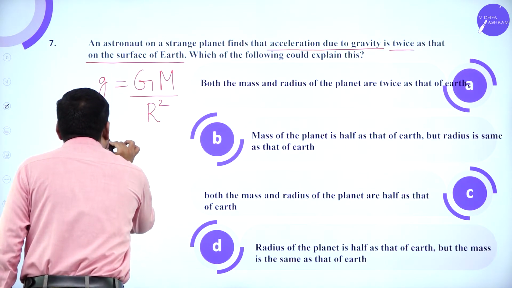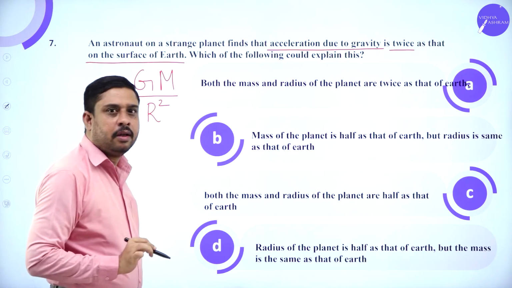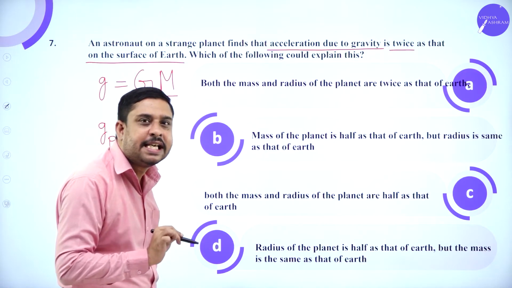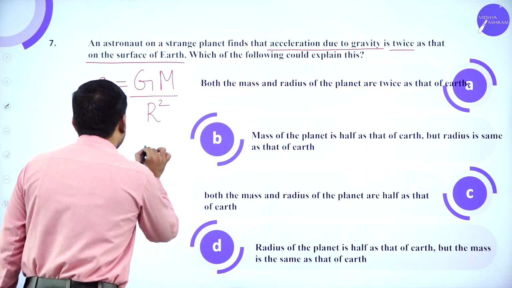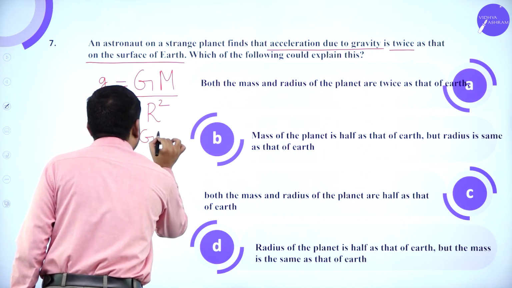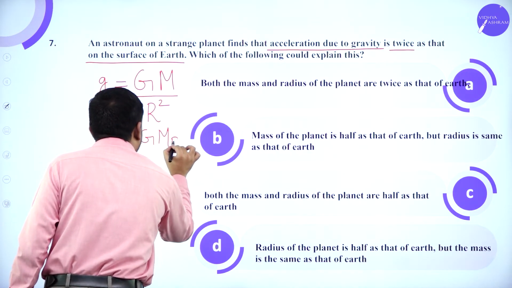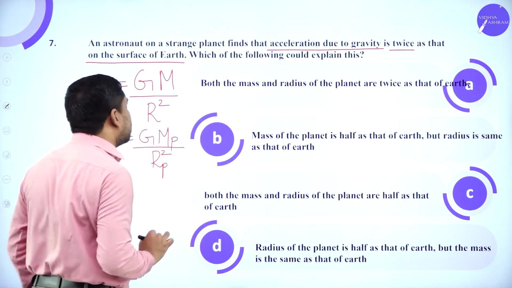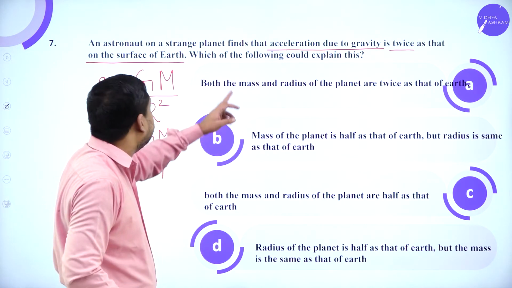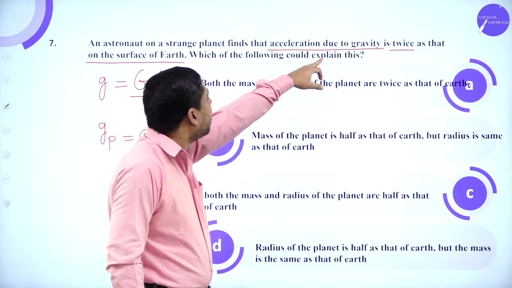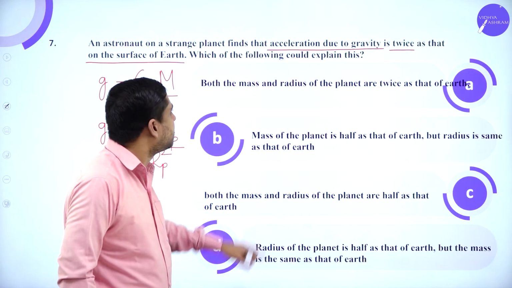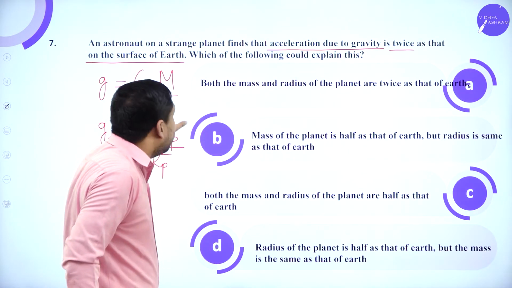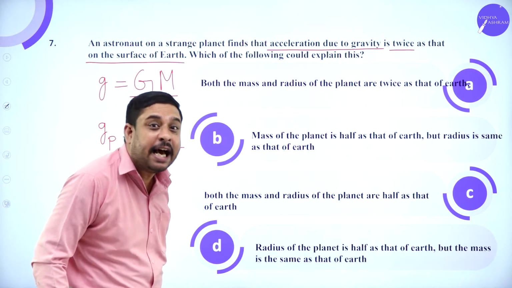Now, Gp is the acceleration due to gravity on that planet, which should equal G Mp by Rp square, where Mp is the mass of the planet and Rp is the radius of the planet. Given what? Acceleration due to gravity on the planet is twice that of the earth.